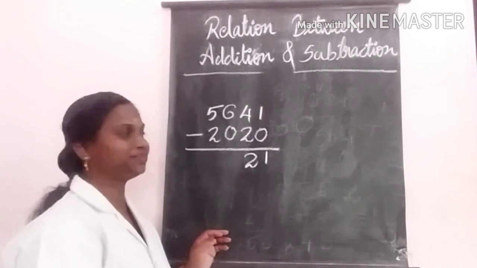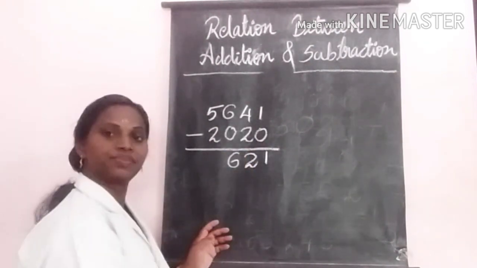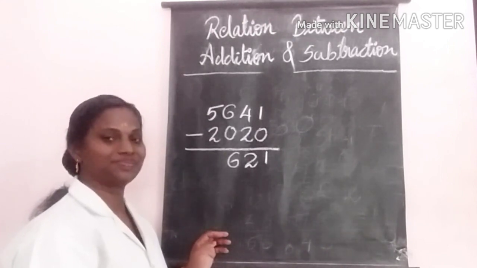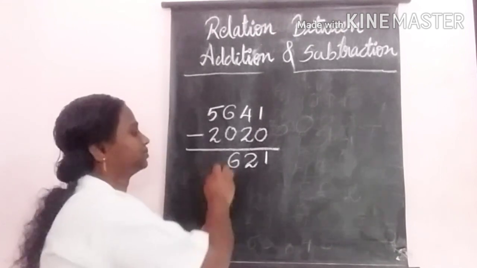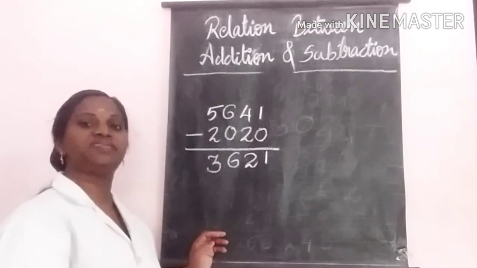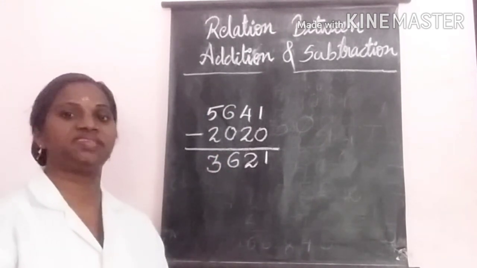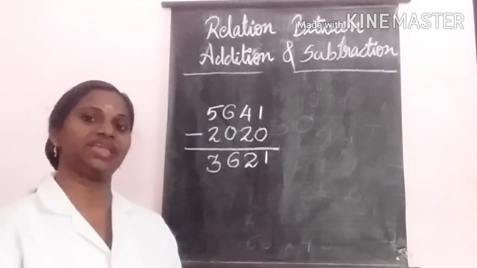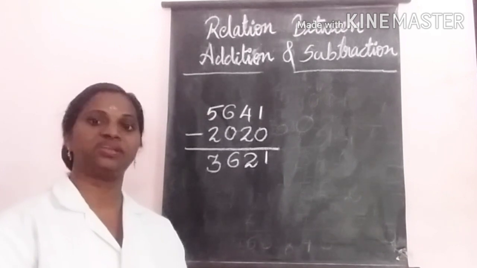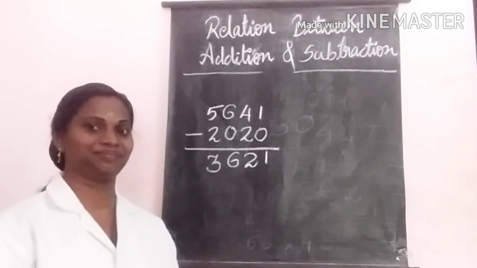Next, 6 minus 0. That is equal to 6. Then 5 minus 2, that is equal to 3. That is, when we subtract 5641 and 2020, we will get 3621.